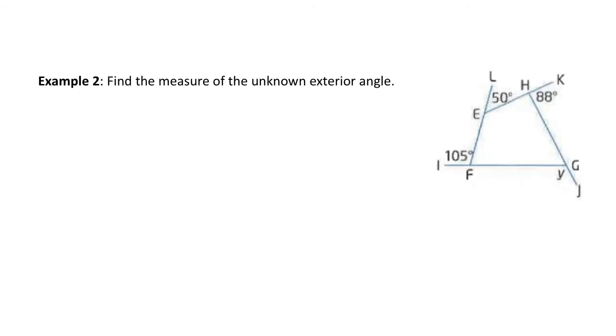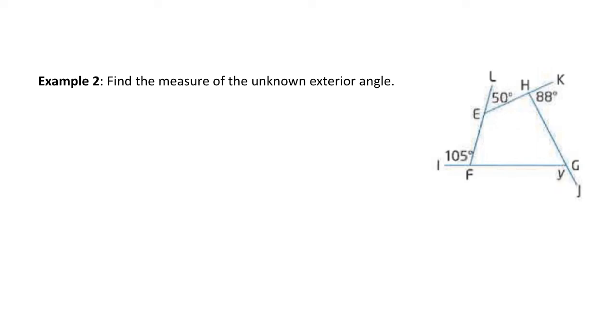In example number 2, we're asked to find the measure of the unknown exterior angle. Again, we are given a quadrilateral. They've extended each line segment outwards to make a branch on each corner, and that gives us the exterior angles marked 50 degrees, 88 degrees, 105 degrees, and this unknown fourth exterior angle, which they've labeled as lowercase letter y.